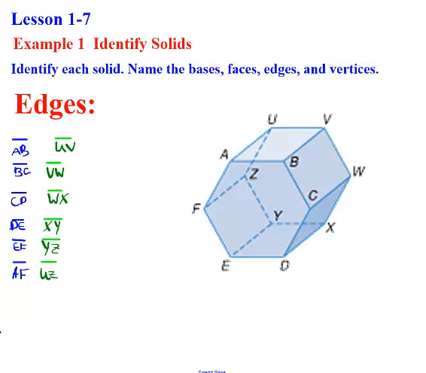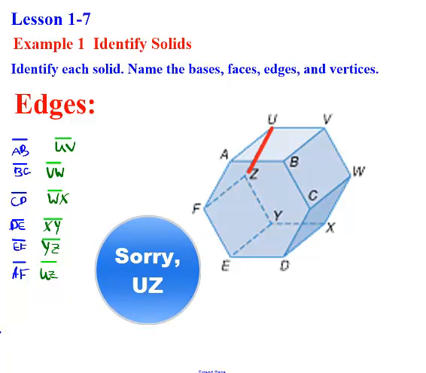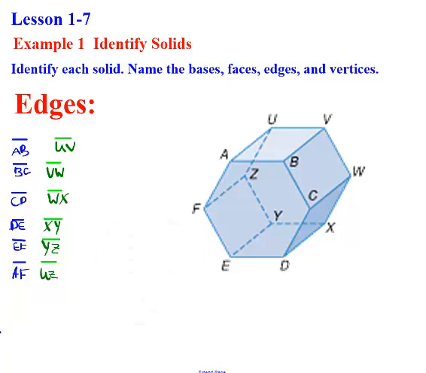So I have line segment UV, line segment VW, line segment WX, line segment XY, line segment YZ, and line segment UV. And finally I'm going to name all the ones that make up the sides. So I have line segment AU, line segment BV, line segment CW, line segment DX, line segment EY, and line segment FZ.